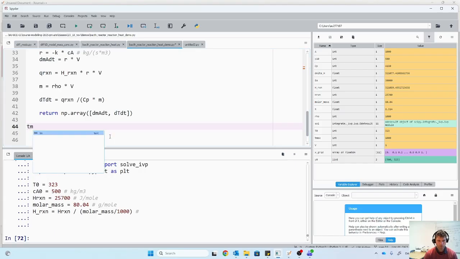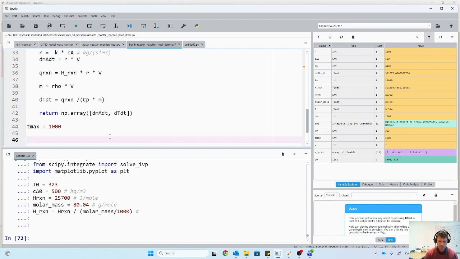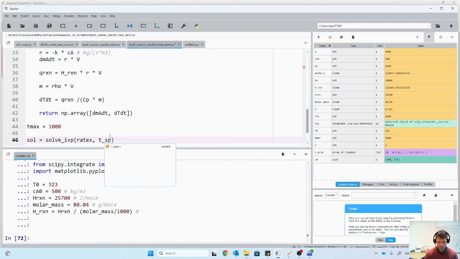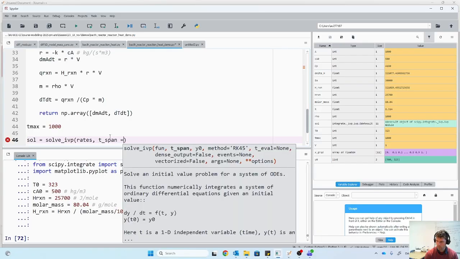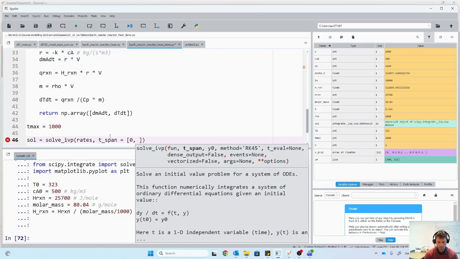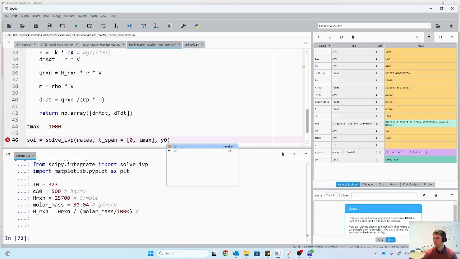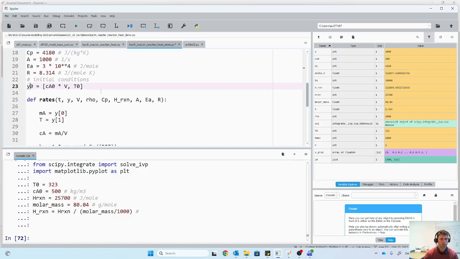We still have to choose a maximum simulation time, let's say 1000 seconds. Then we can write our solve_ivp. And our initial conditions, I think we call it y0. Yeah.